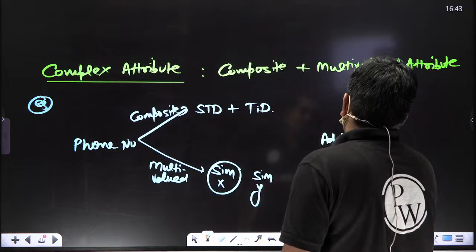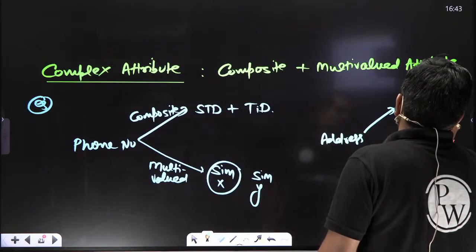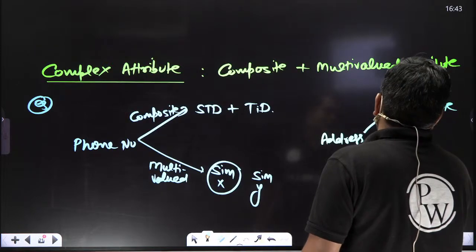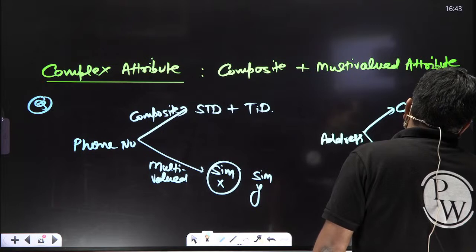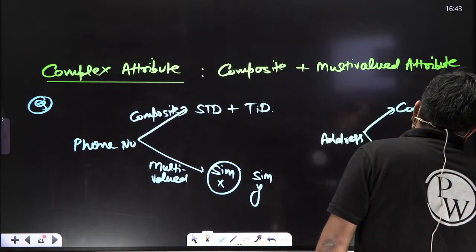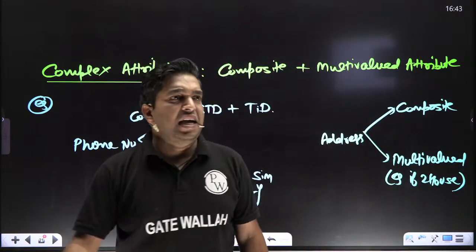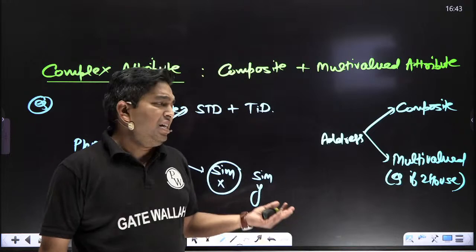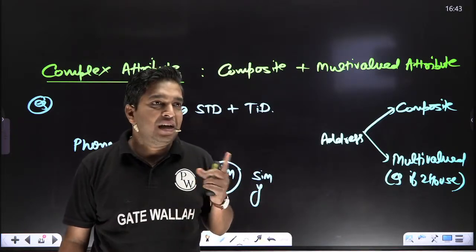Address is also composite and multi-valued. Example, if you have two houses, then it is composite as well as multi-valued also. Crystal clear, children, till now?